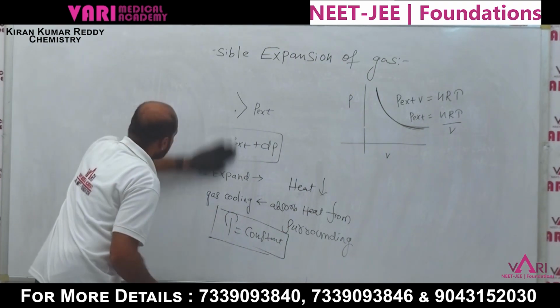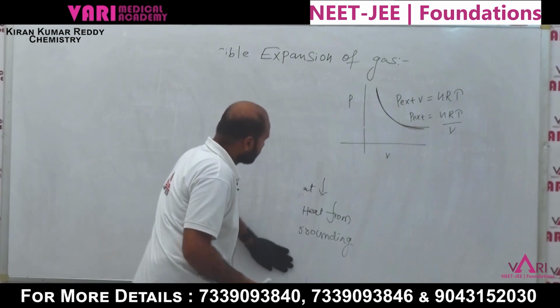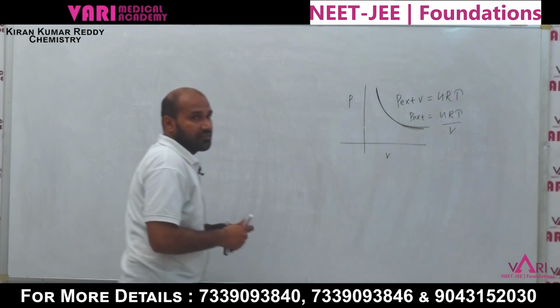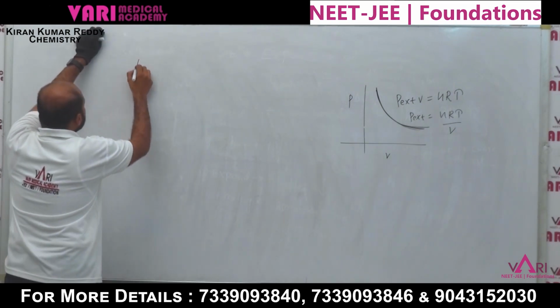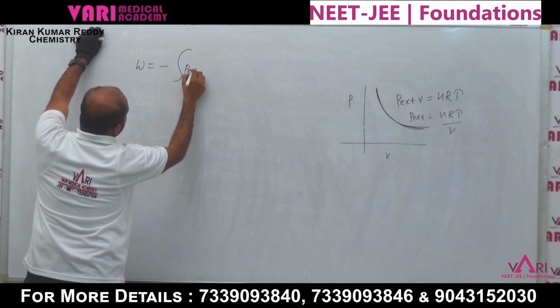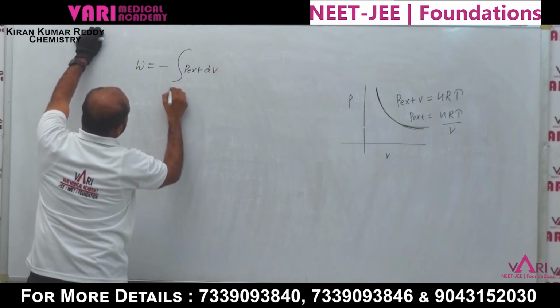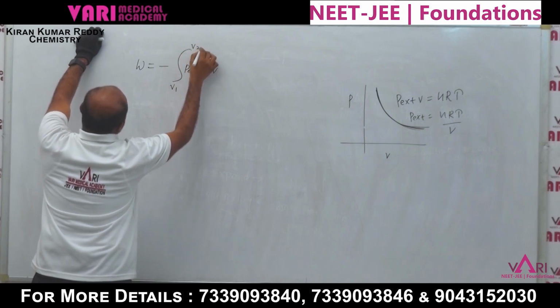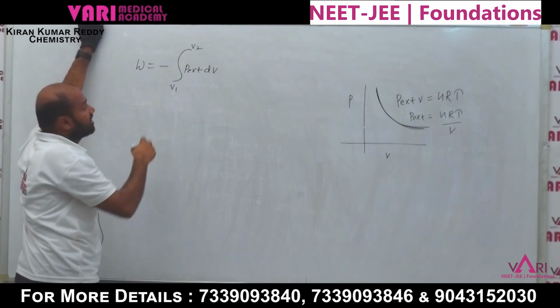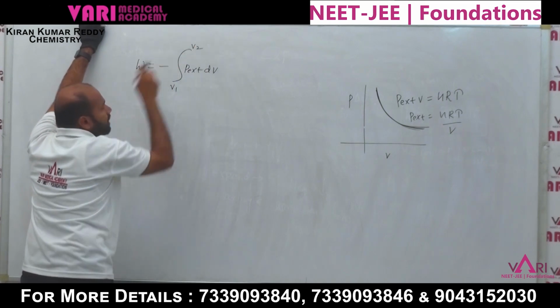What formula do we have to write, students? For expansion of the gas, write W is equal to minus integral of P external dV, from V1 to V2. In the book it is V initial, V final; V1 is the lower limit, V2 is the upper limit.